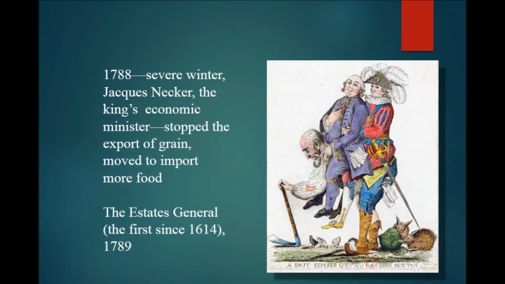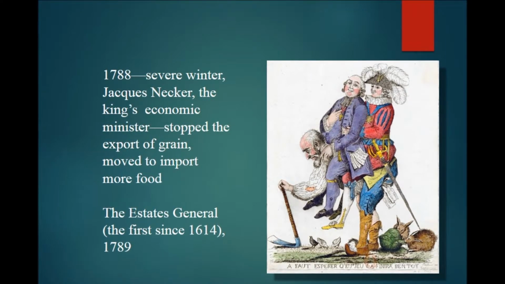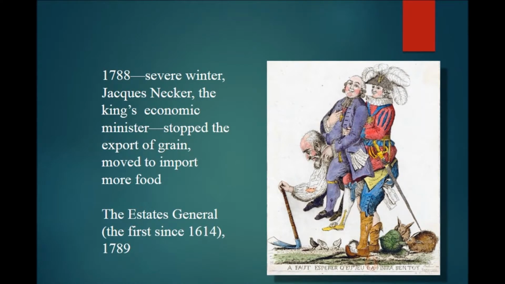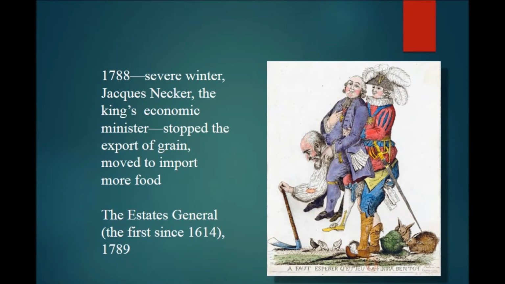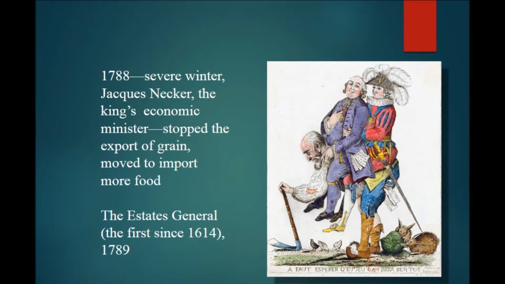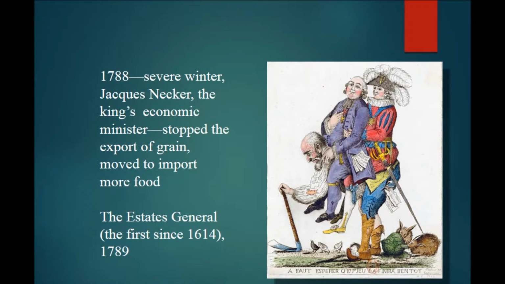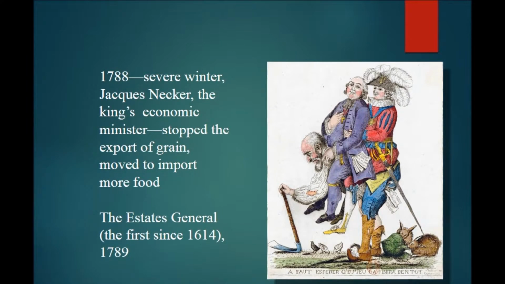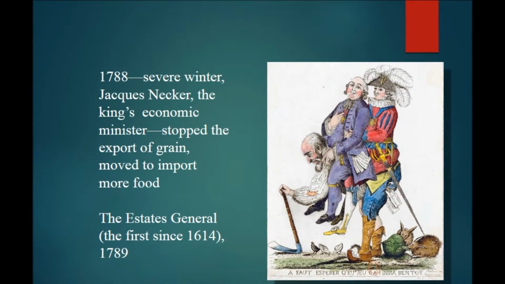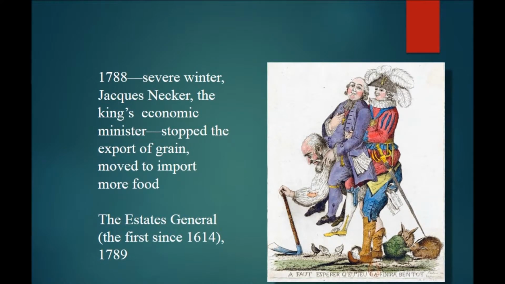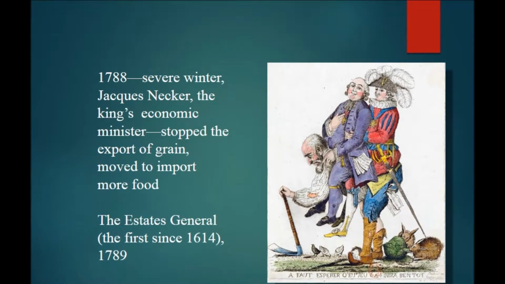And what you're looking at here on the screen is a great political cartoon showing the third estate as an old man. And if you look closer, he's got a hoe because the third estate did all the agricultural work. And on his back, he is carrying the first estate, which is the person in the purple. And if you look closely, there's a cross. And then the second estate, which is the nobles. So they're all riding on the back of the third estate.